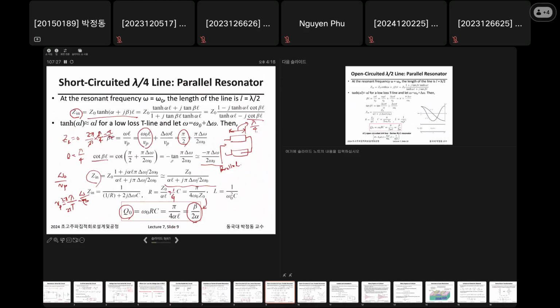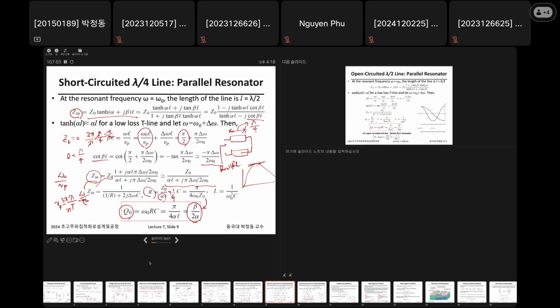G in, we extract this by using the S parameter, right? So this is exactly 1 over R plus 2j delta omega C, right? So here you can get RLC from this. So from R, which is this, right? This is R, right? You can get alpha, okay?